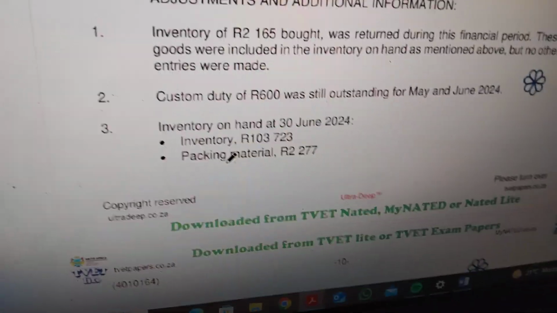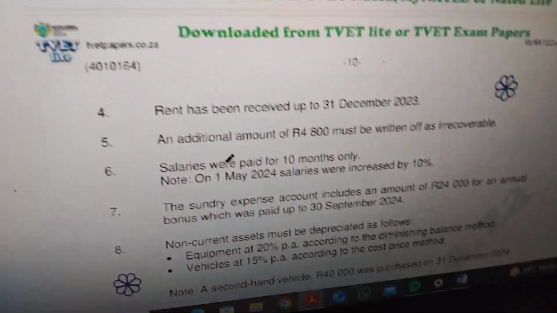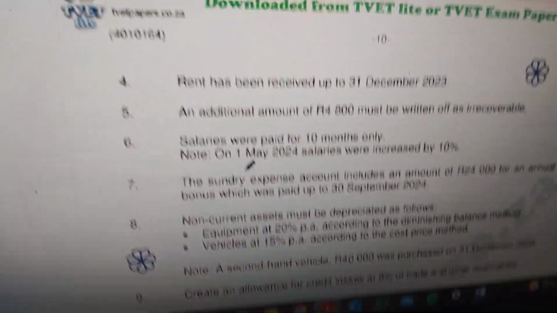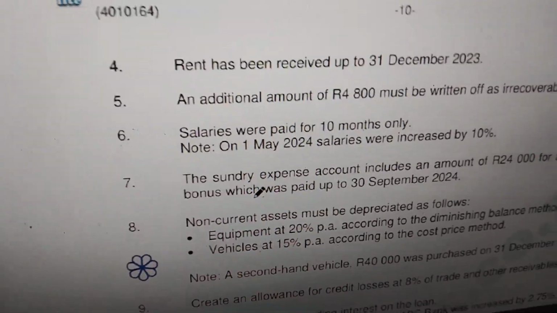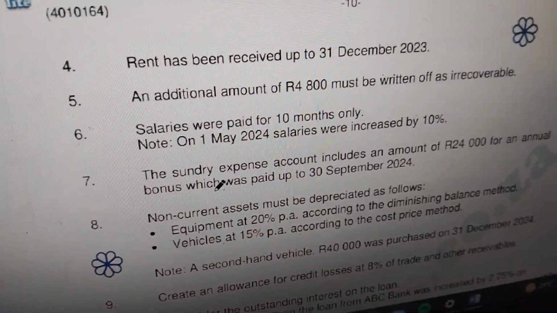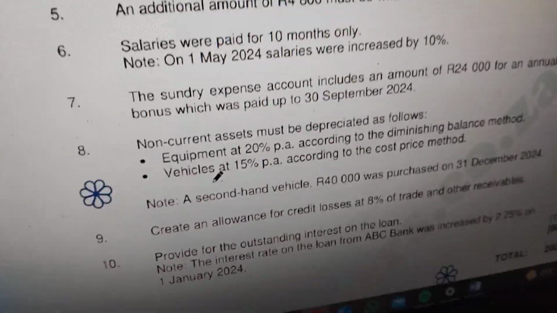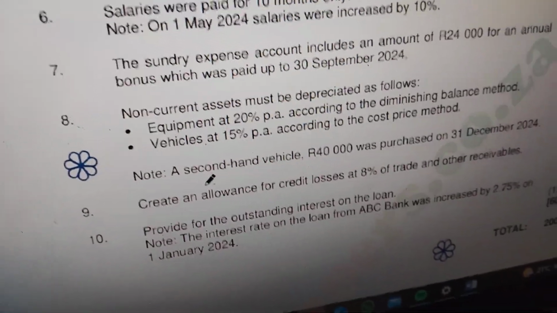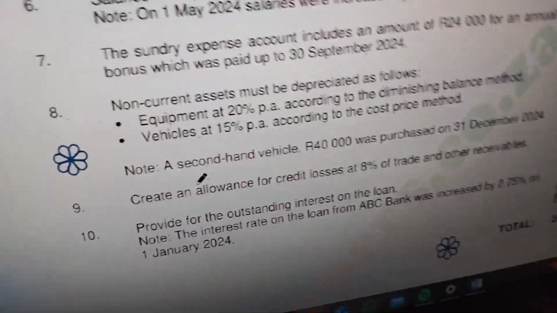We have the custom duty, 600 was still outstanding. We have inventory, rent income, credit losses, salaries and wages, sundry expense account, non-current asset depreciation, an allowance for credit losses, and the provision for the outstanding interest on loan.